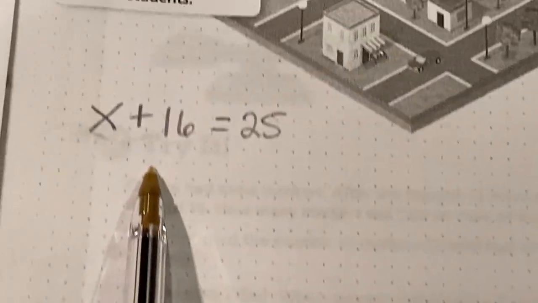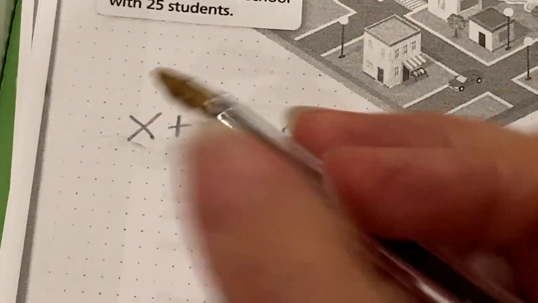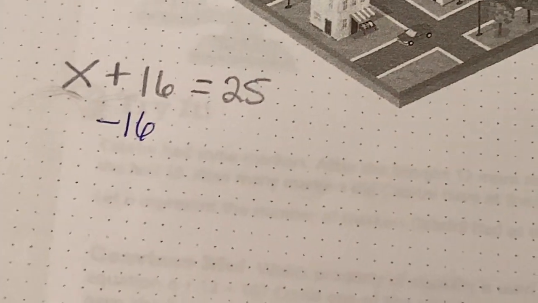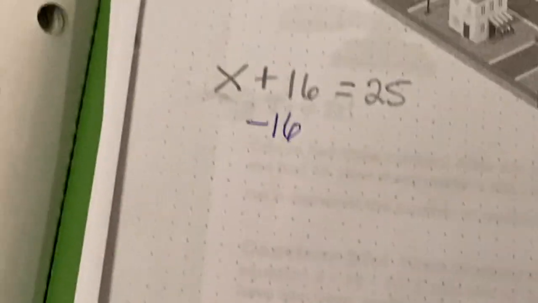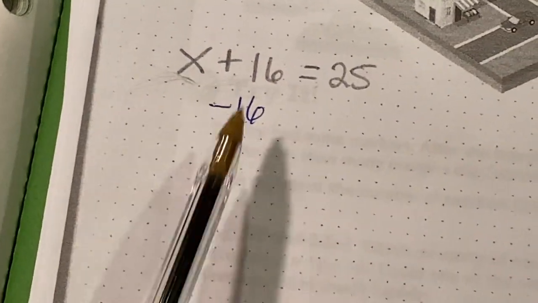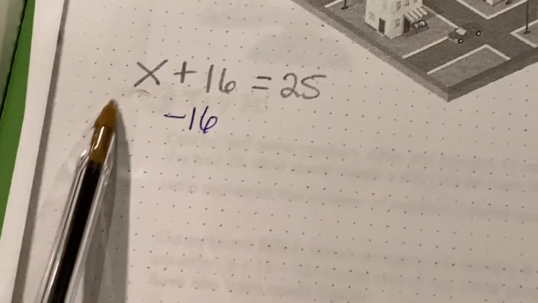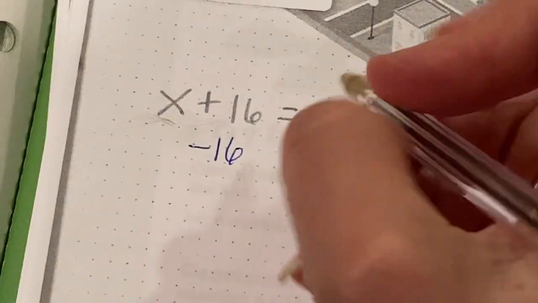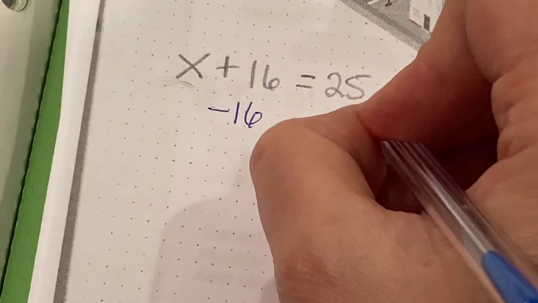So if we subtract 16 from this side, then we'll get x all by itself. But we know because of the properties of equality that you can't change one side of an equation without changing the other side by the exact same amount. So if I'm going to do that, I have to subtract 16 over here too.